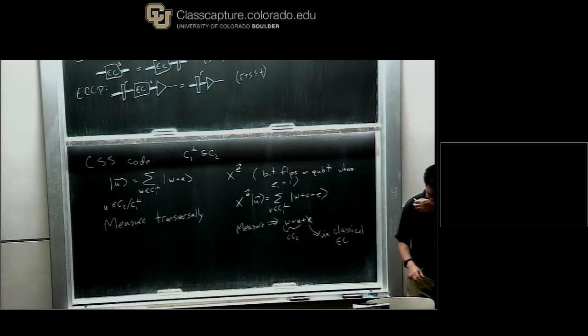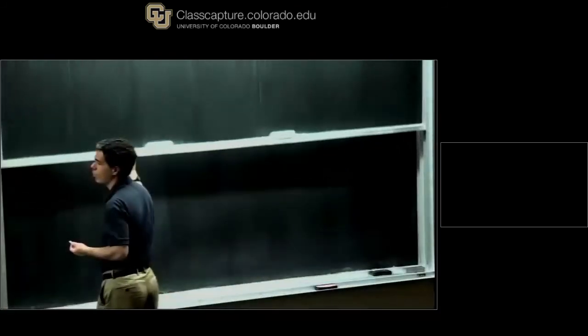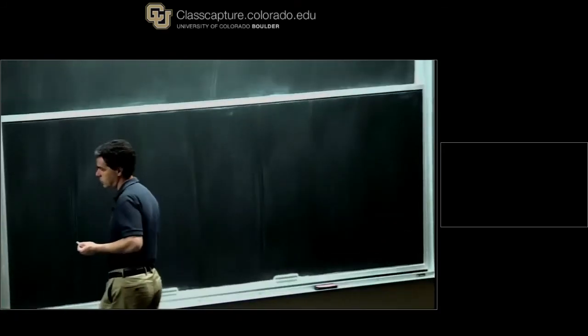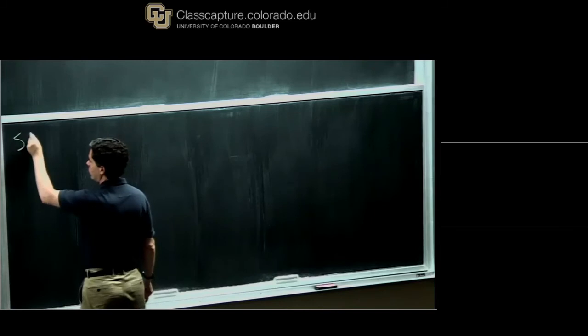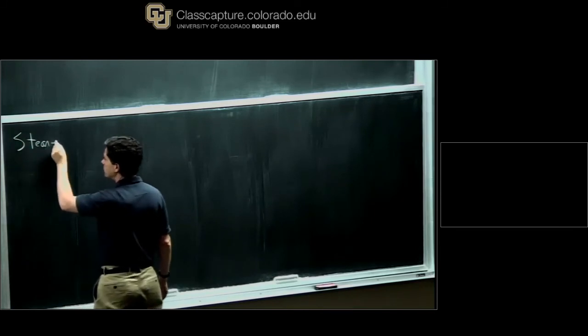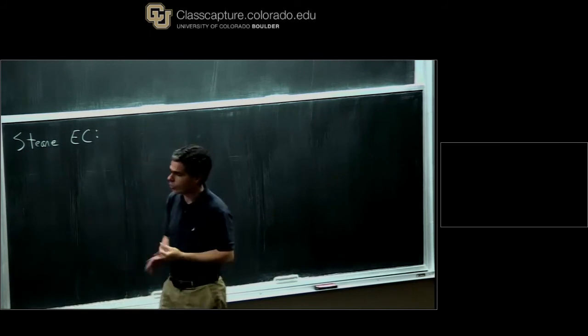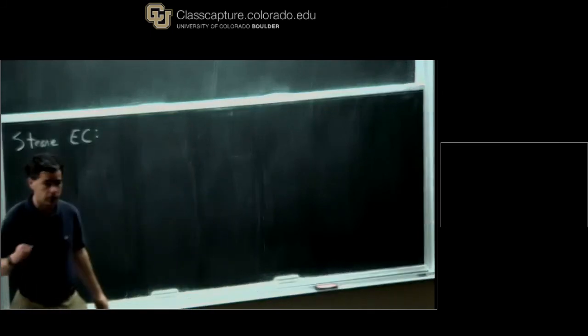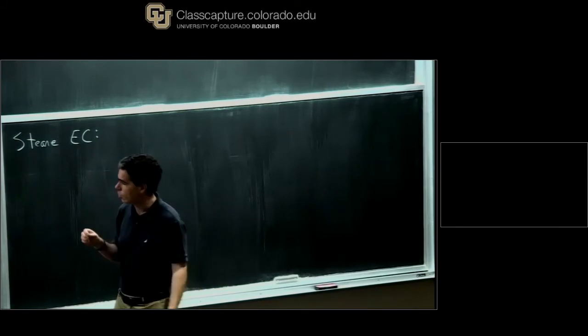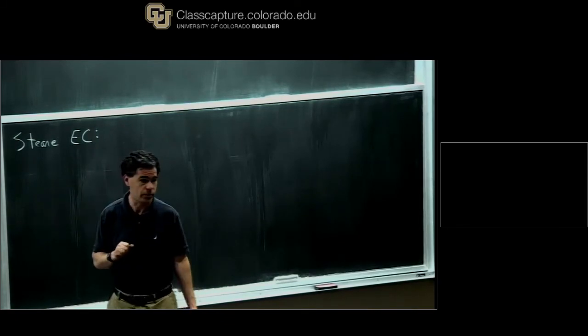Okay, so now let's do error correction for CSS codes. The procedure that I'm going to show you is known as Steane error correction. In Steane error correction, we're going to build on this measurement procedure.